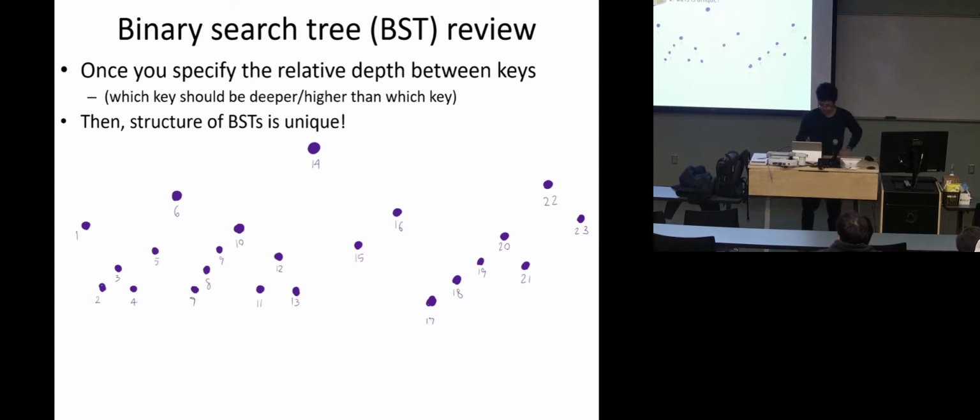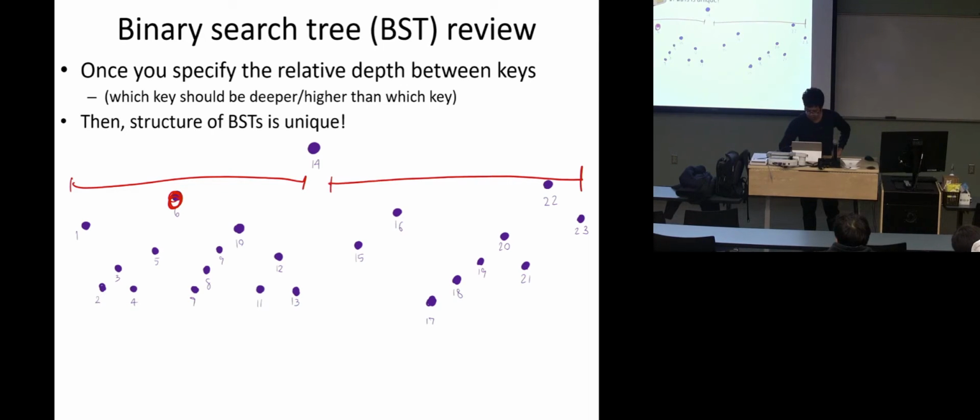And now, among this interval, this guy should be the highest. Among this interval, this guy should be the highest. So, for example, if we know this, then you know that 14 must be the root, and the children of 14 must be just 6 and 22. You see?